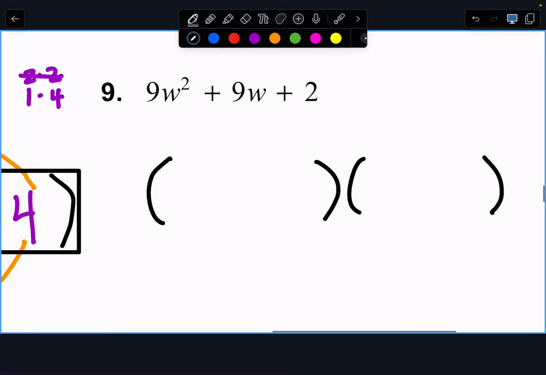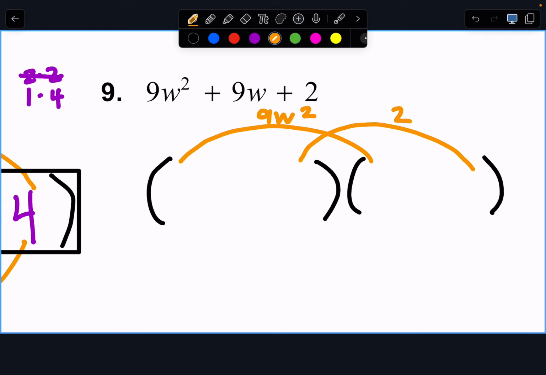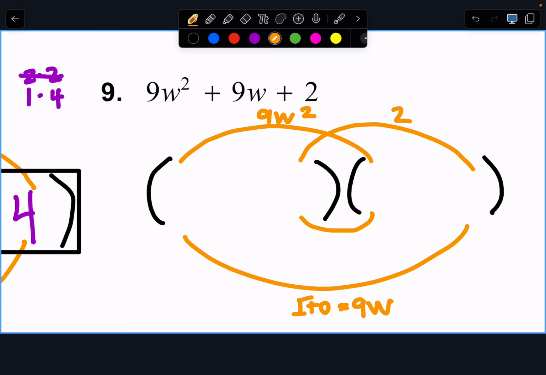We know that our first product needs to be 9w squared, our last product needs to be a positive 2, and then our inside plus outside needs to add up to 9w. So what do you want to try to get 9w squared?